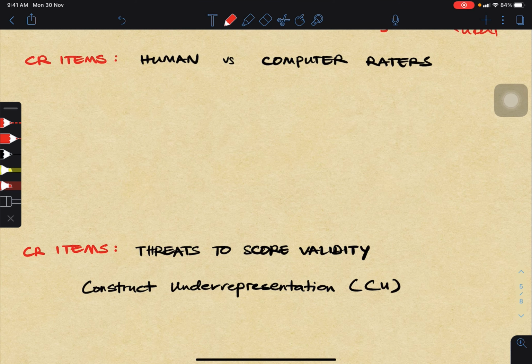There's an interesting discussion on page 116 about human raters of CR tasks.